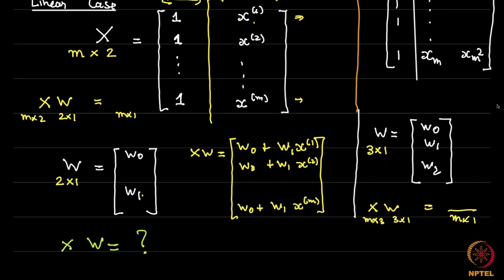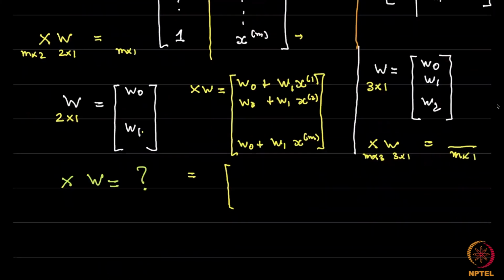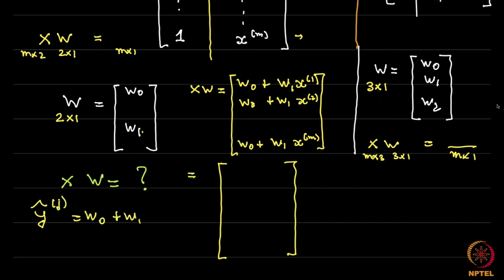Now, if you look at this, this is exactly what you would expect if you were writing the elements of Y hat. Why? Because Y hat of J is simply W0 plus W1 XJ.